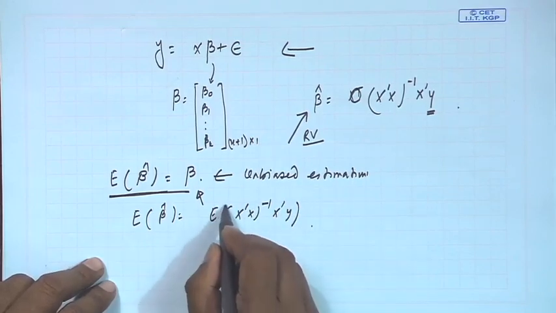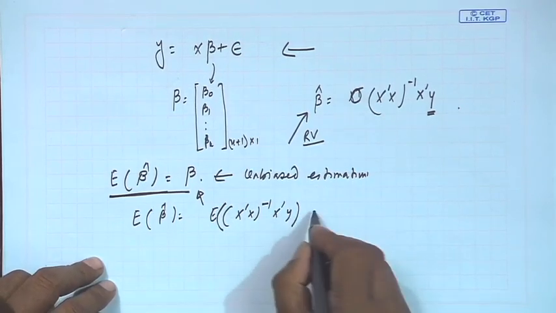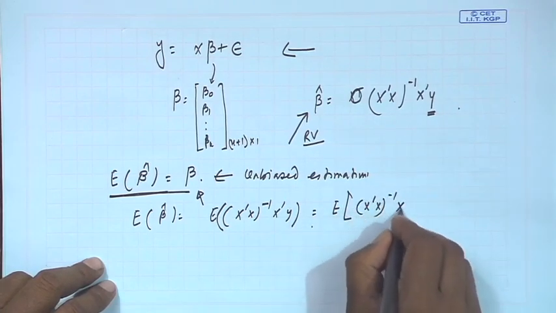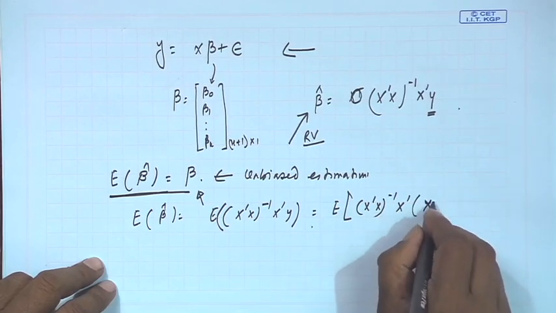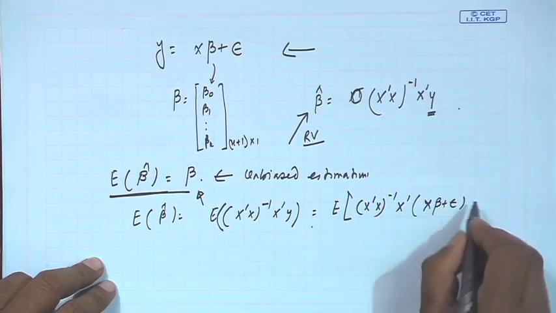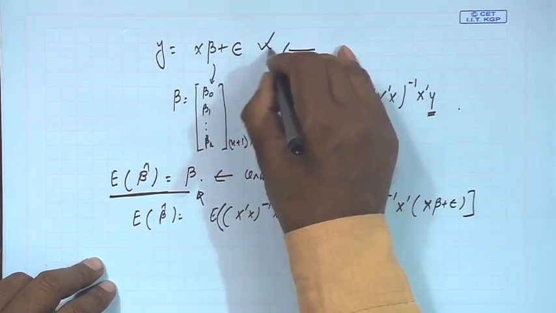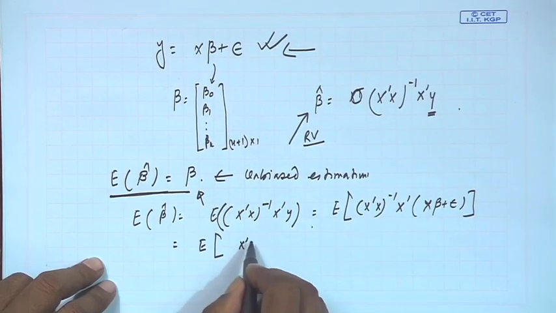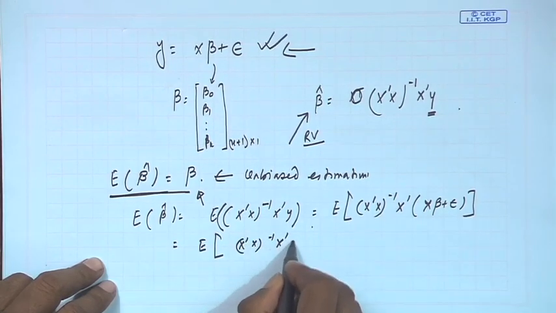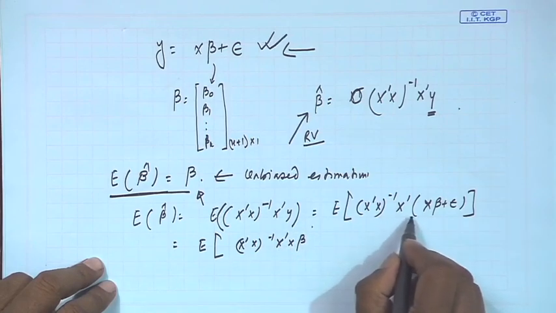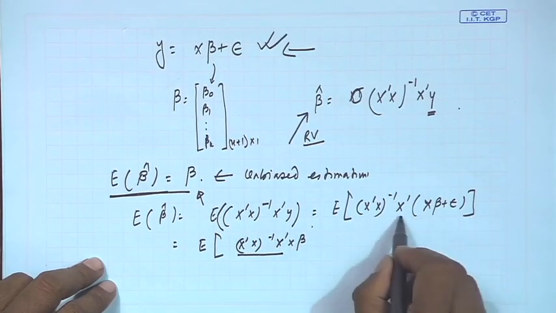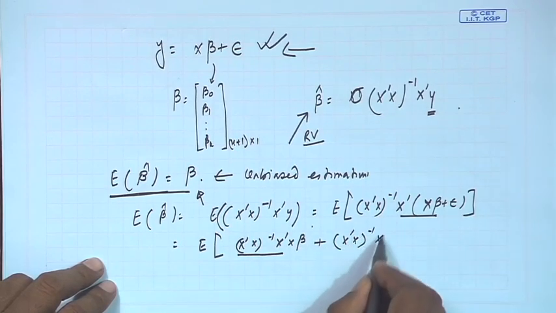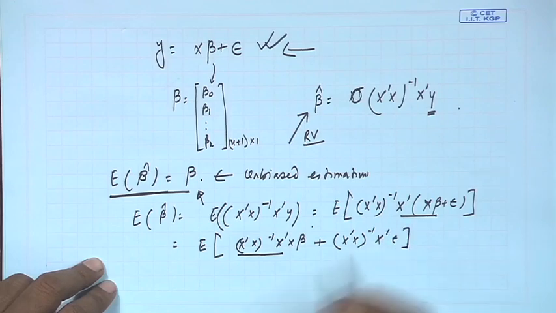Then y value is nothing but x beta plus epsilon, and if you multiply this, then you get x transpose x inverse x transpose x beta plus x transpose x inverse x transpose epsilon.